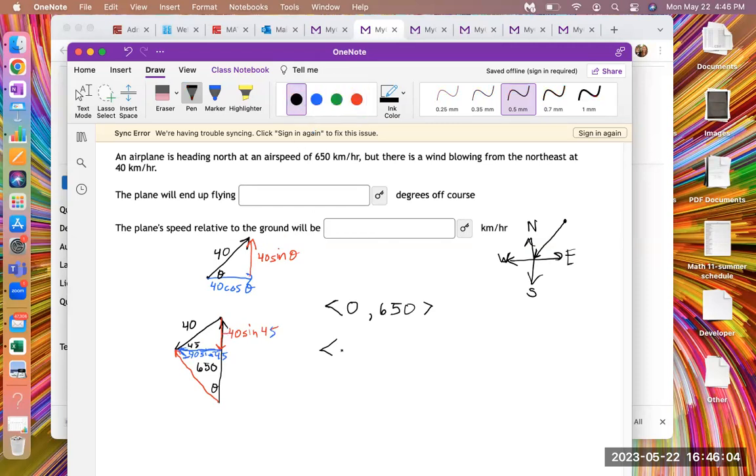So I'm going to write the horizontal component as negative 40 cosine 45, and the vertical component is also the same thing, negative 40 sine 45.